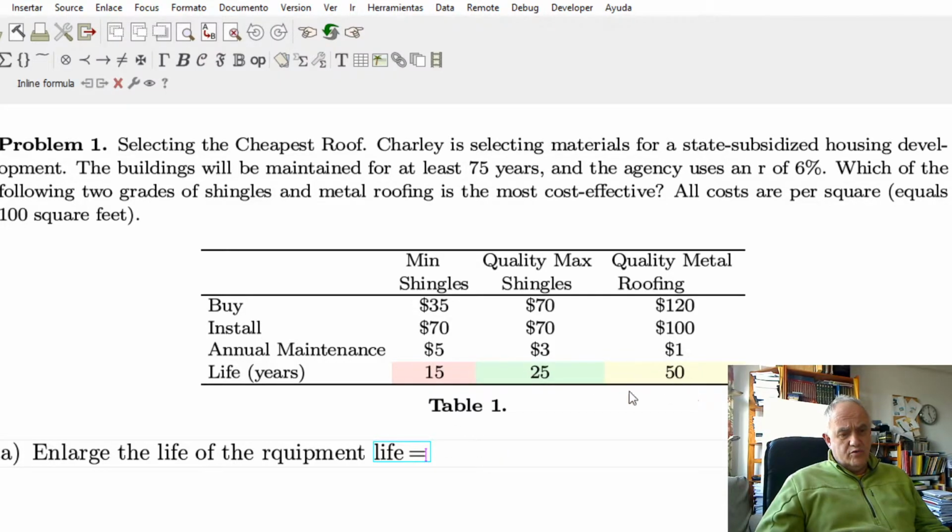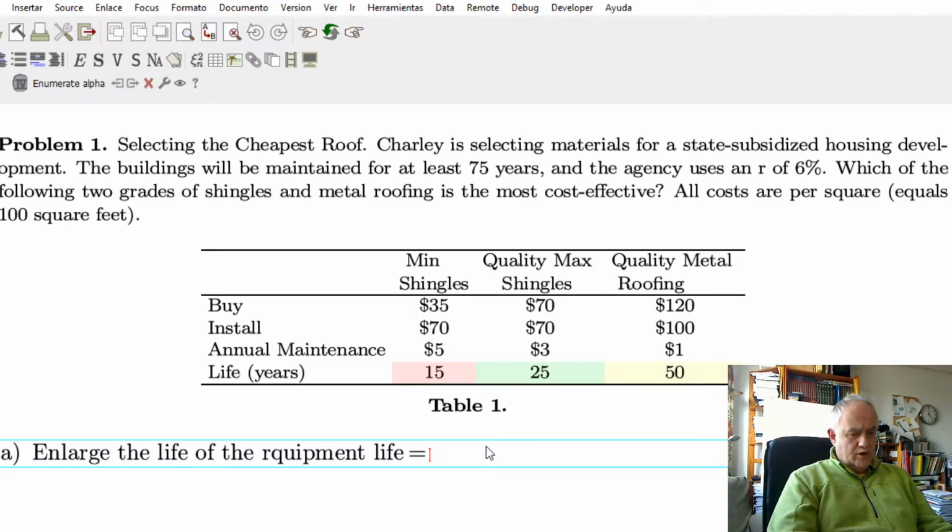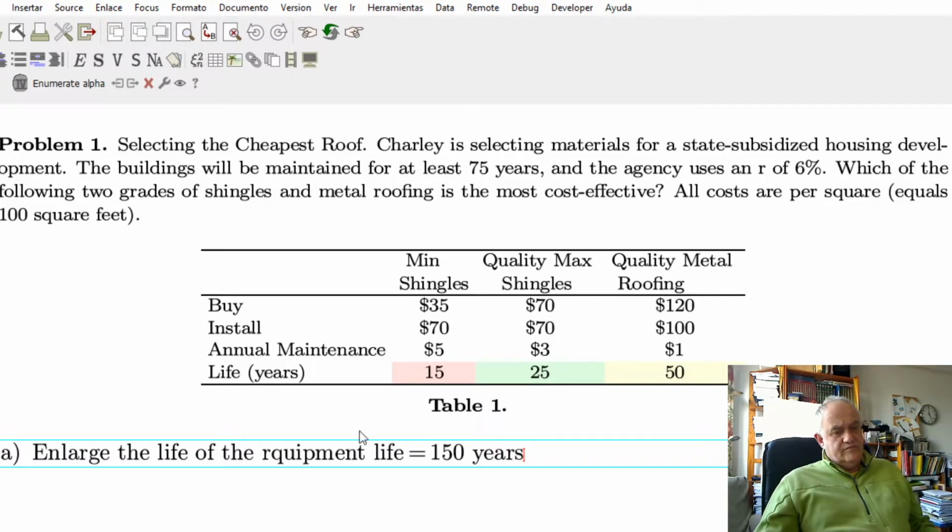There is no multiple inside, so we can do the common multiple of all these numbers. It will be 150 years. It comes from 3 times 5 times 5, times 2.